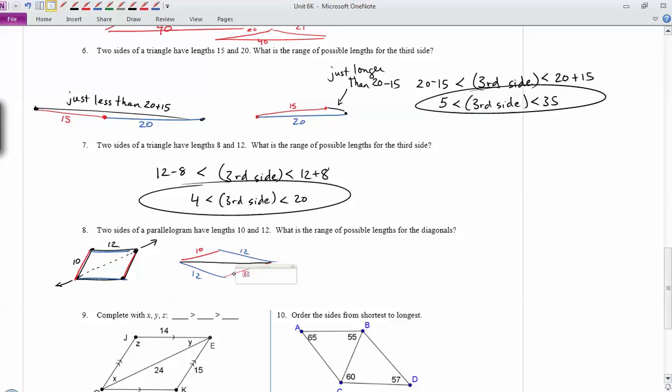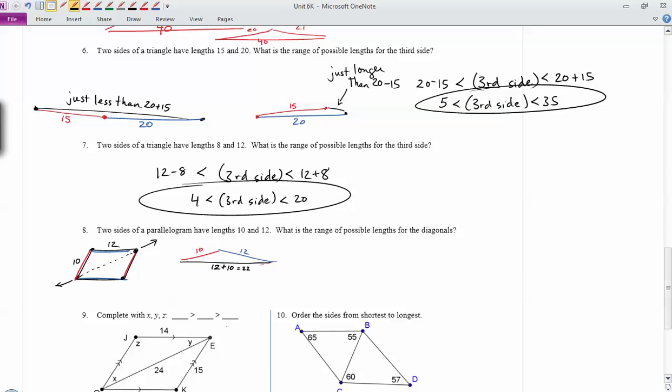If I erase this, you can see that this is essentially the same type of problem we were working out before. What's the longest side of this triangle that you can get? Well, that's 12 plus 10 equals 22. So you know it's going to be a little bit less than 22.